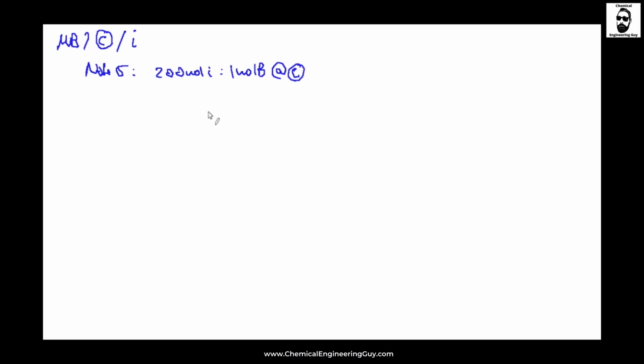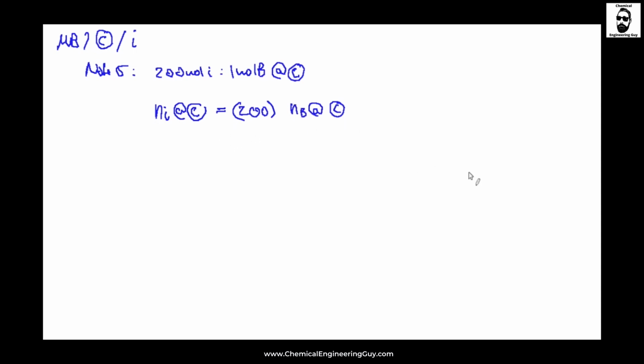Let's do it. The moles of isobutane in C should be equal to 200 times the moles of butylene in C. Hopefully you get that a little bit. So this value, where do I get that?